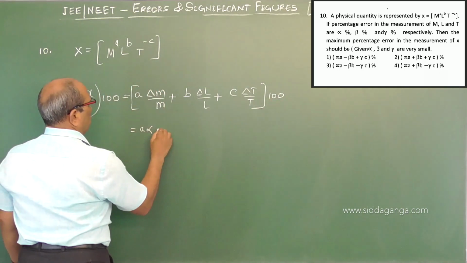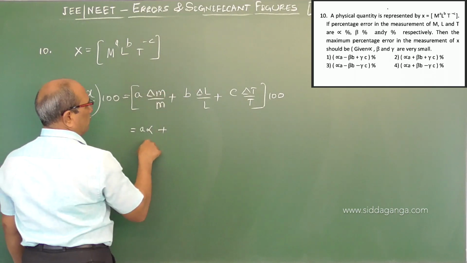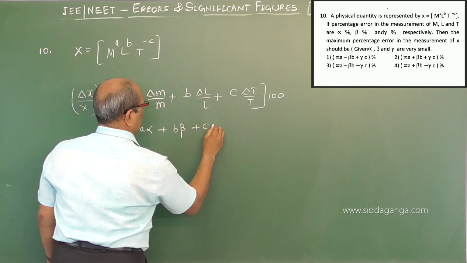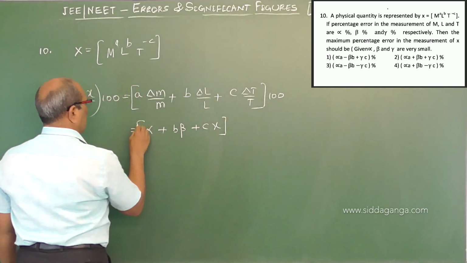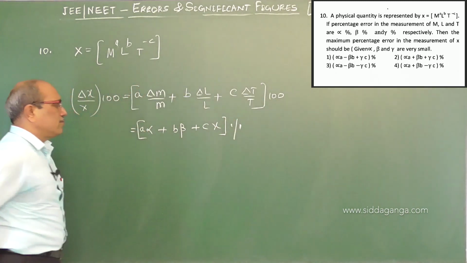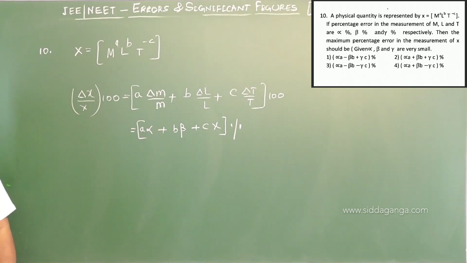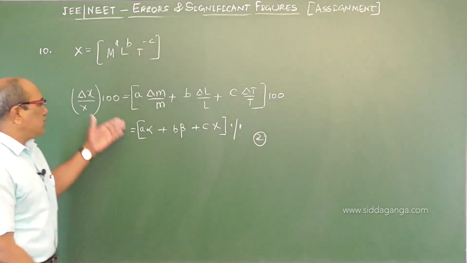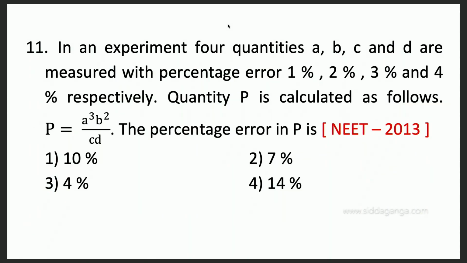This gives a alpha, because delta m by m is alpha, b beta for length, plus c gamma for time, in terms of percentage. So the correct option is the second one. We used the same relation in the previous problem; the same is repeated in 2013.